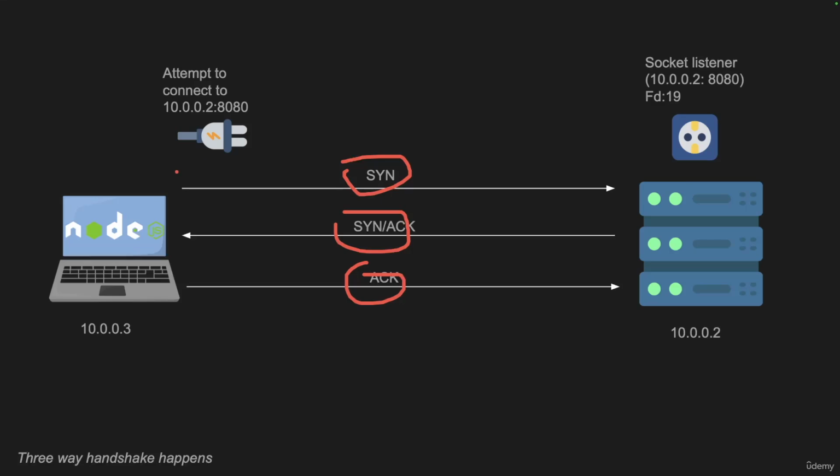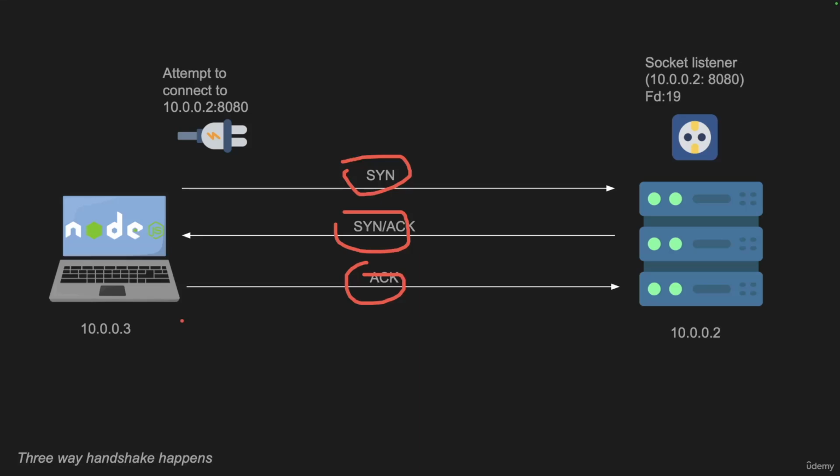The other reason is just to exchange metadata about the client and the server, such as the window size, parameters like that, the MTU, interesting things like that, so we can know more about the server. But once we synchronize these things, the connection is considered established.